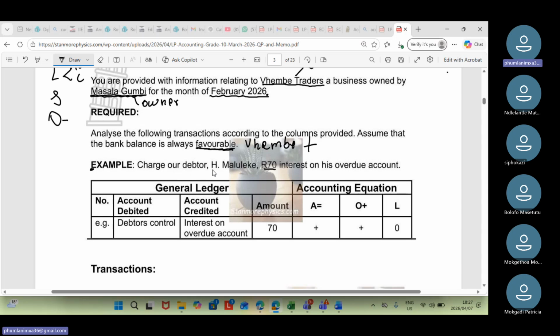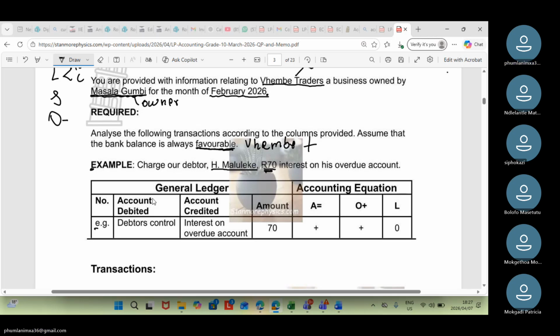H Maluleke bought goods from our business, Vembe Traders. This person is our debtor because he bought goods on credit from us. But Maluleke, unfortunately, is not paying, so we decided to charge interest on his overdue account, because he's not paying the amount that he owes the business.